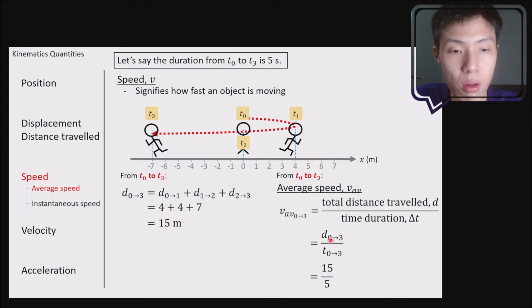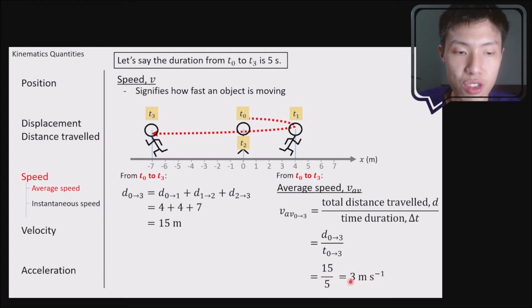So if we substitute 50 meters for our distance and 5 seconds for time, we get 3 meters per second as our average speed. What does this 3 meters per second mean? It means if you travel at this speed, you are able to cover this distance in 5 seconds.